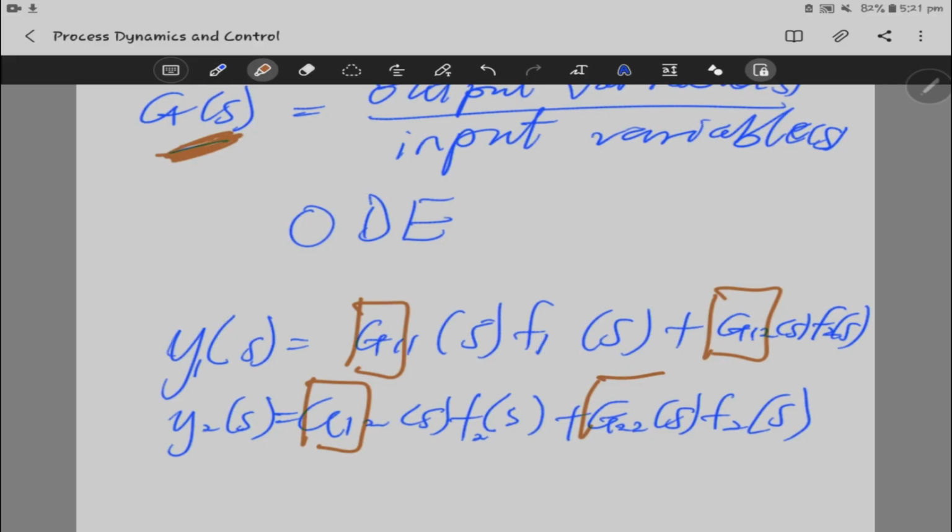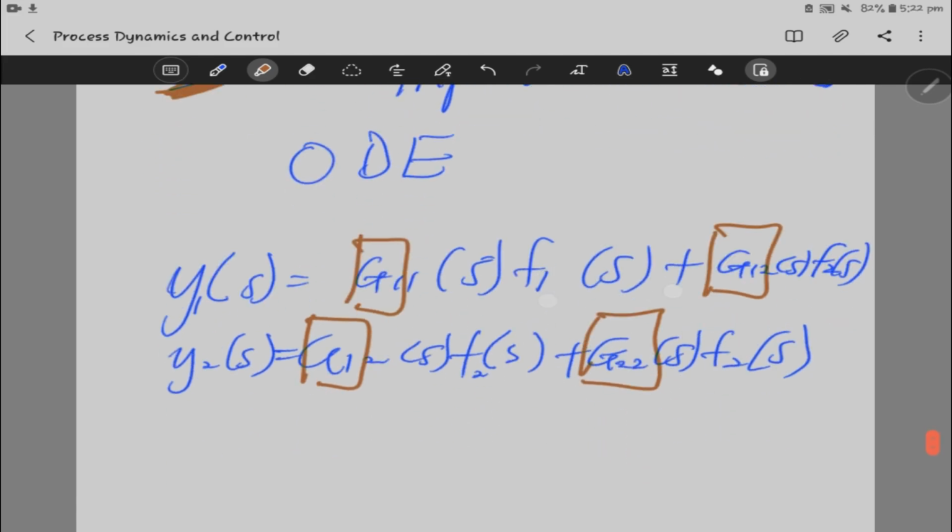So what this means is that in this particular system you need four transfer functions. So for you to be able to know the number of transfer functions that you need, you multiply the number of input variables by the number of output variables, right? So in this case, for instance, we have, let's see.